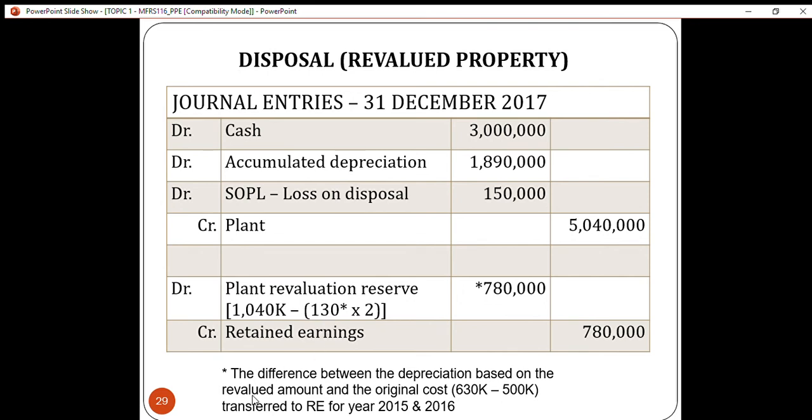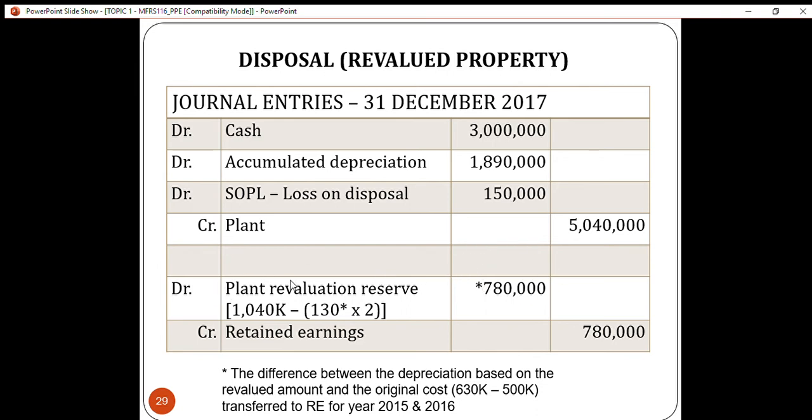This 130,000 has been transferred to retained earnings for 2 years, that is in year 2015 and 2016. So it has been transferred already. The remaining balance of the revaluation reserve of the plant is 780,000.